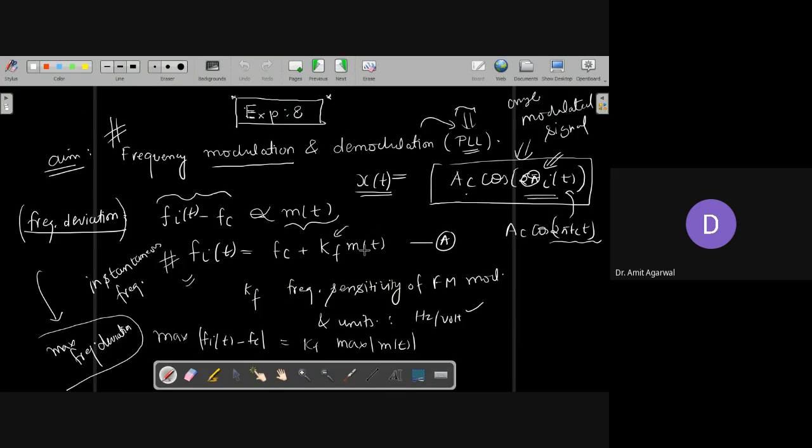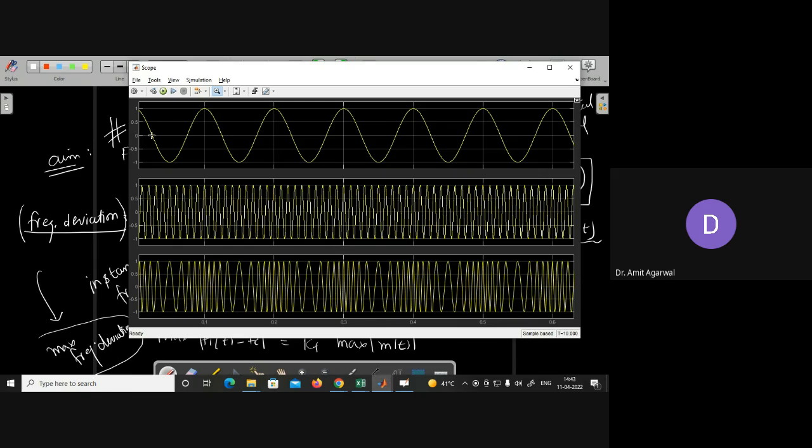When your m(t) is 0, then the instantaneous frequency of your modulated signal would be the same as the carrier frequency. What are those points? This. See, at this point the separation of the cycles will be the same as the carrier, and then it will start decreasing here, and it will increase here because m(t) is positive here and negative there. You just have to look at this formula. So this is the frequency modulated wave. Has everyone done it up to here?